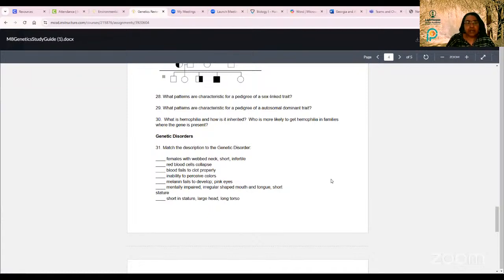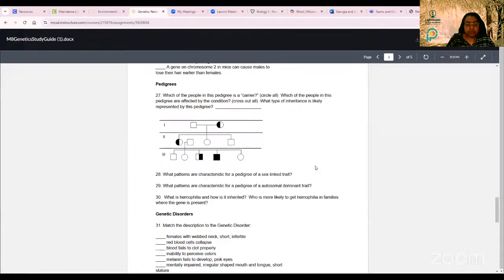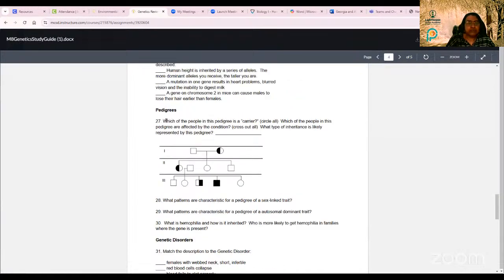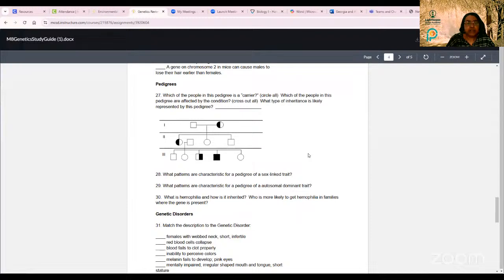Okay, but like I said, I noticed that some of you had difficulties with pedigree labeling. It says which of the people is a carrier, and they want you to circle it. A carrier is indicated by a shaded square or circle.